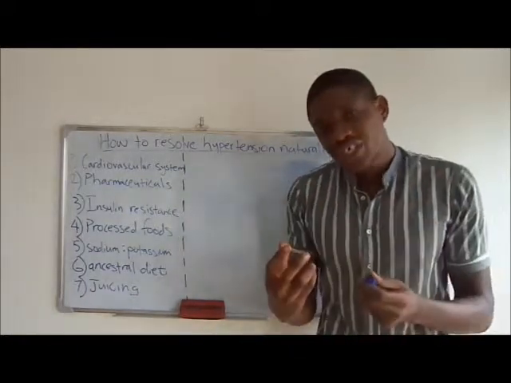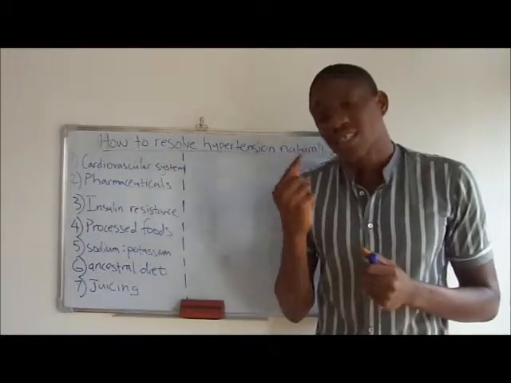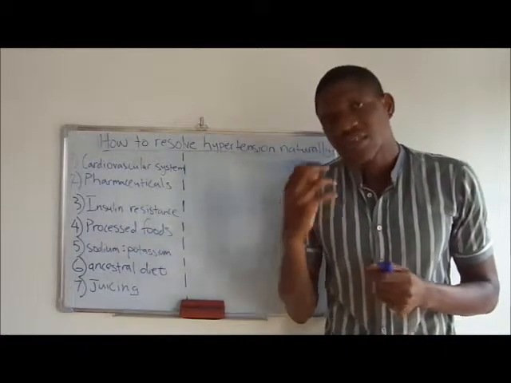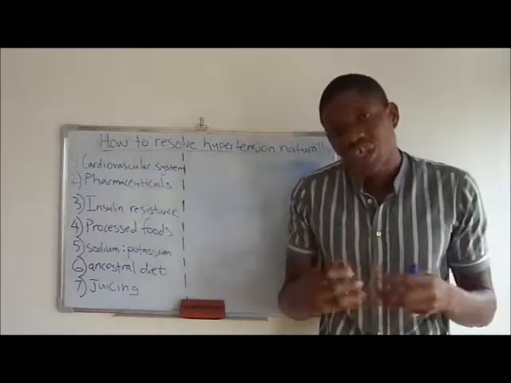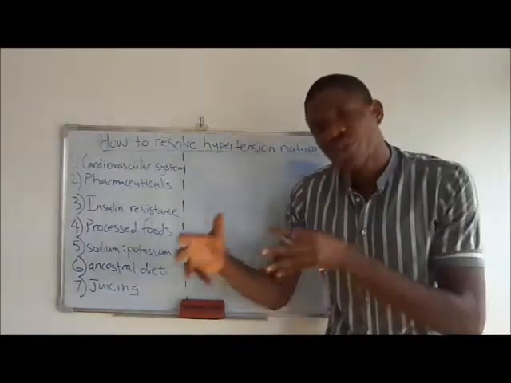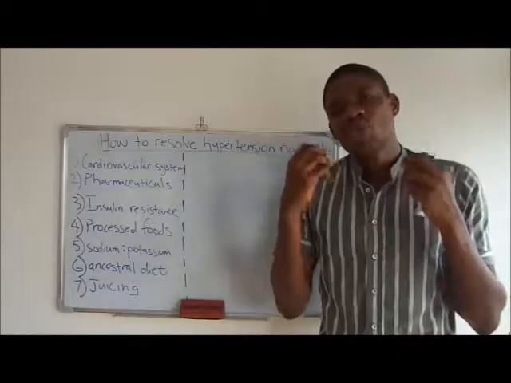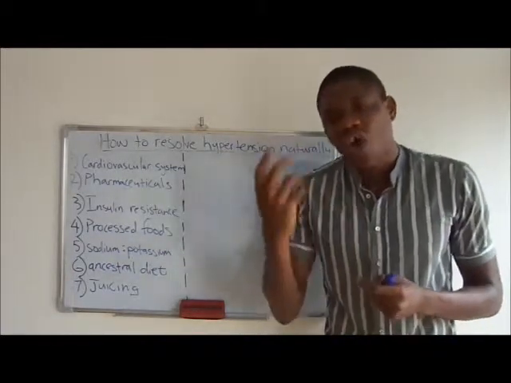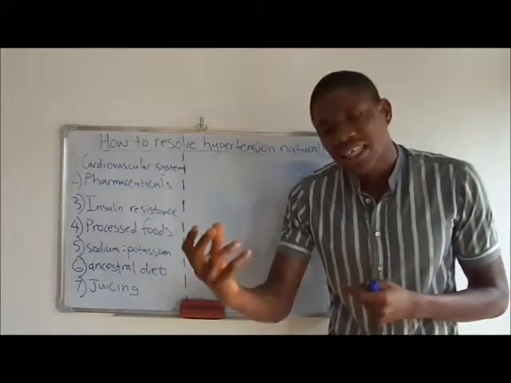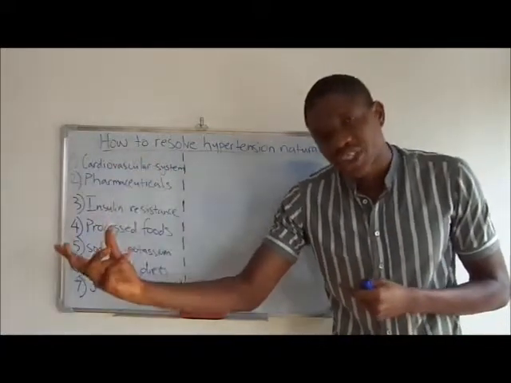Because hypertension is not really a disease if you think about it. It is merely a symptom of an underlying pathology, of an underlying disease process. Because the most salient question in hypertension is, what is the cause of chronically elevated blood pressure?